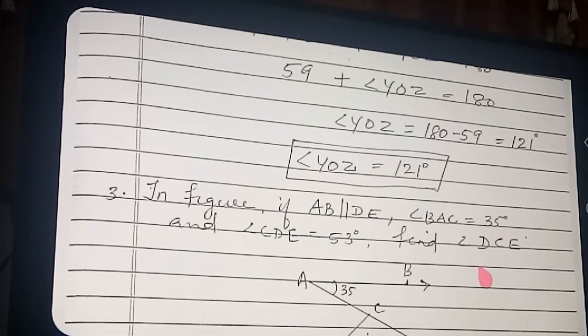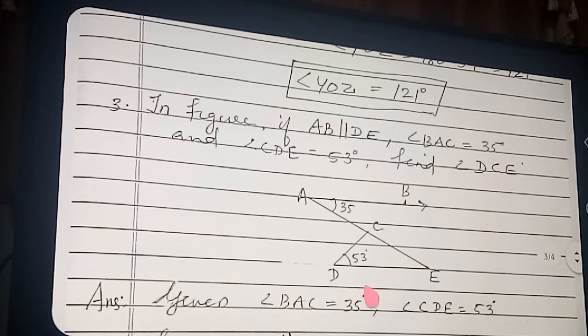All questions we are doing with the help of the diagram only. Without the diagram we can't do anything in geometry. See the question properly. See the diagram properly. This AB and this DE, both are parallel.